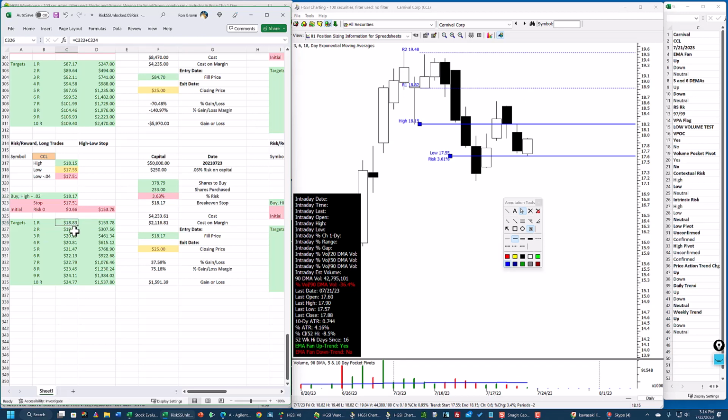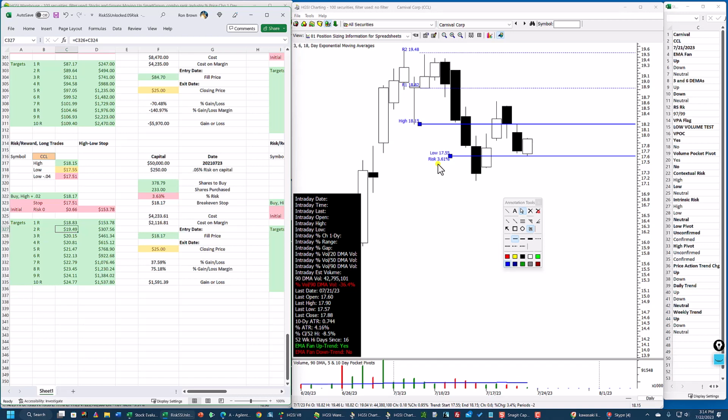Now this says 1R is 1883, 1 penny off, and 1949, 1 penny off. So it's close enough, but this tool is very handy to figure your risk and look at different scenarios before you consider taking a trade.